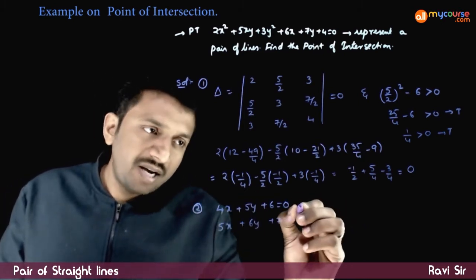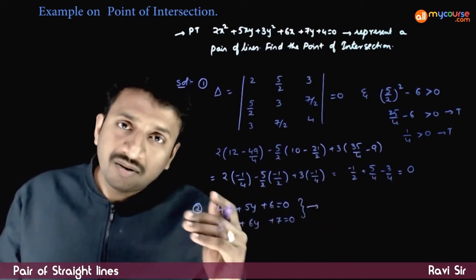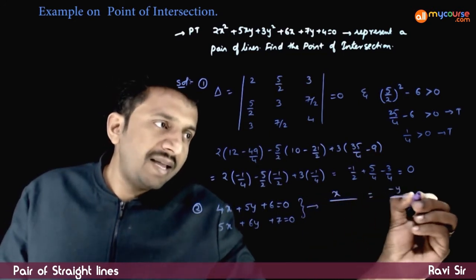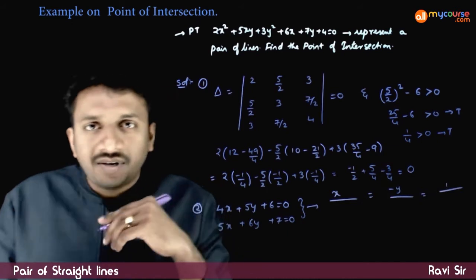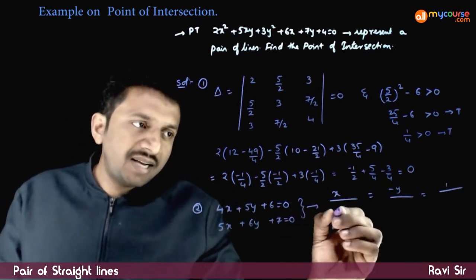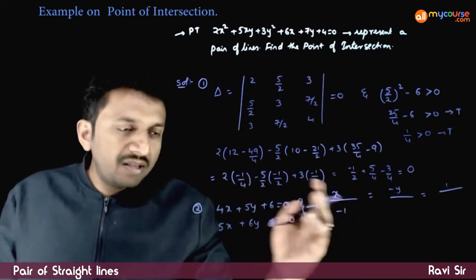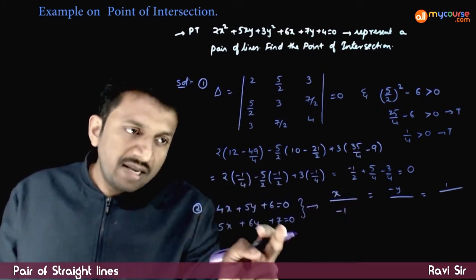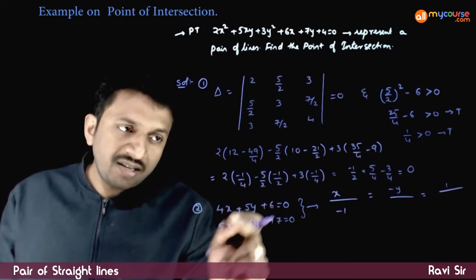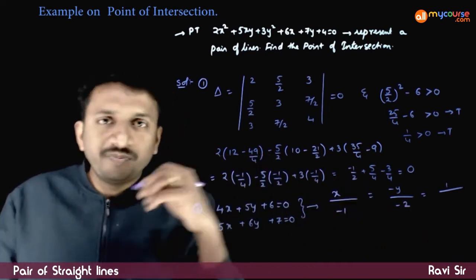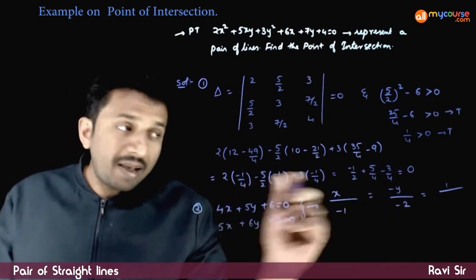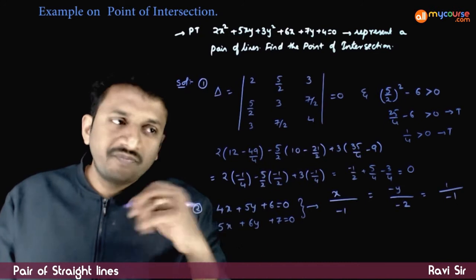Let me solve this using the cross multiplication method. x divided by, is equal to minus y divided by, is equal to 1 divided by. So x by 35 minus 36, which is minus 1, is equal to minus y by 28 minus 30, which is minus 2, is equal to 1 by 24 minus 25, which is minus 1.